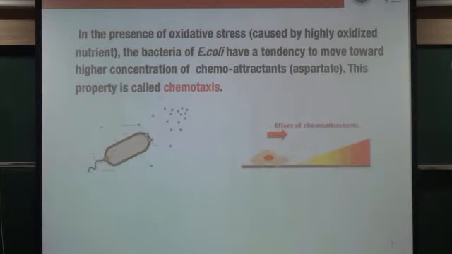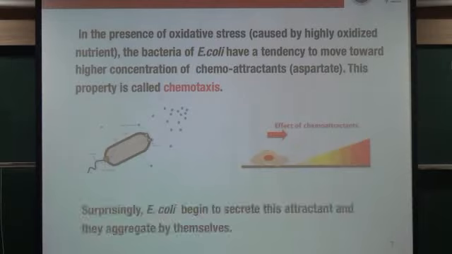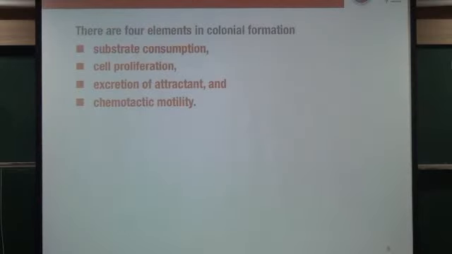And then there are 4 elements in colonial formation. One is very simple, substrate consumption. In order to do this consumption, they can grow.